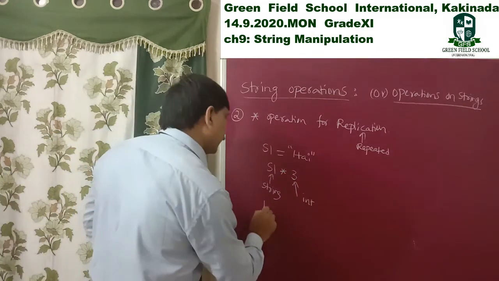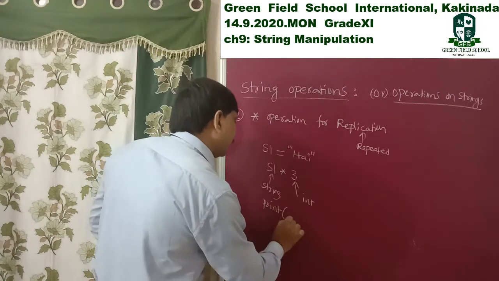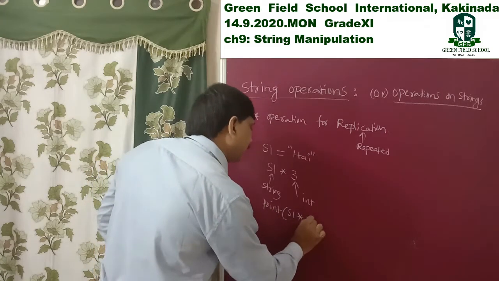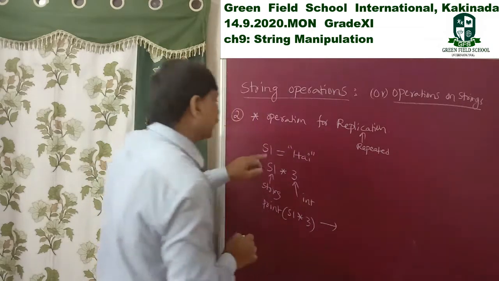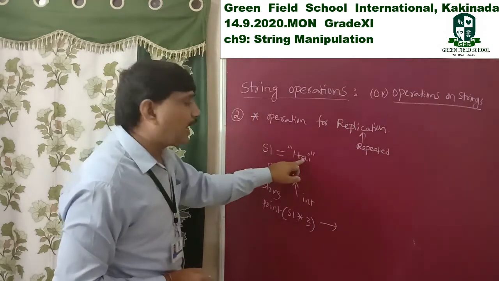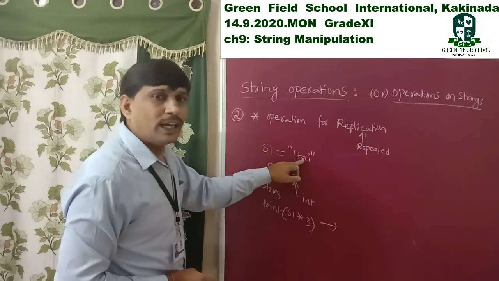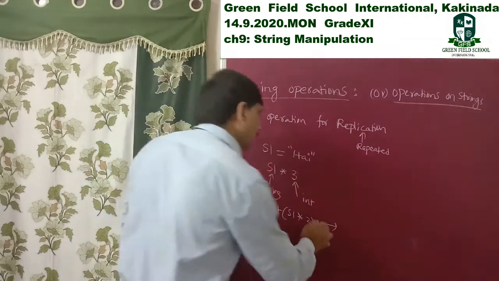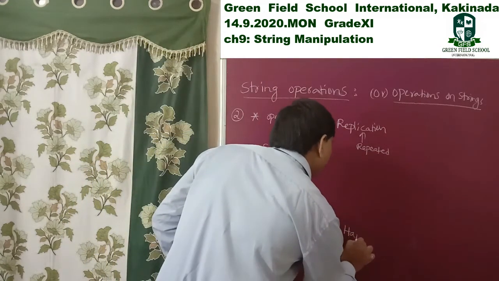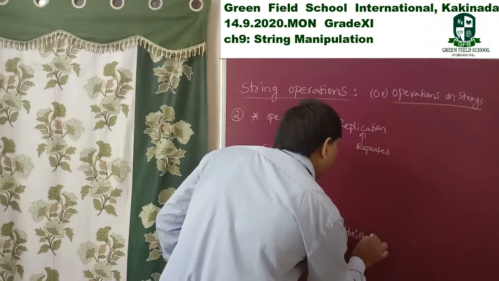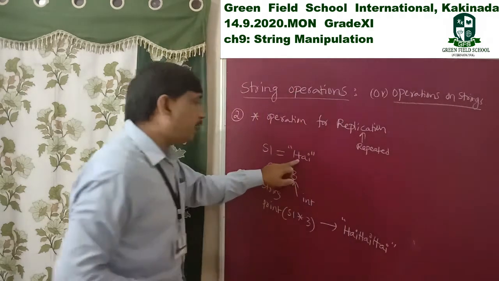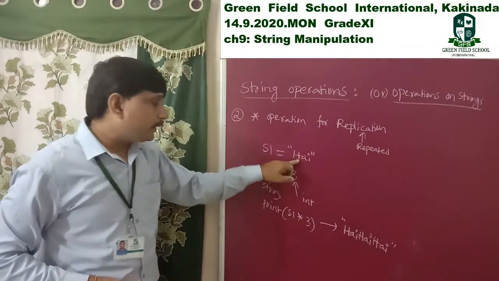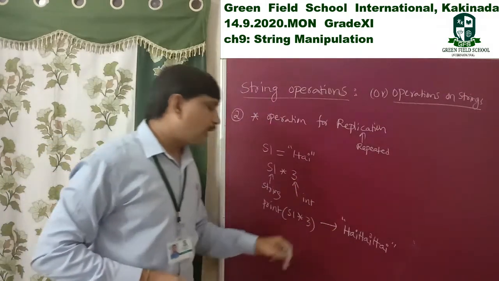So then I print S1 star 3. Which output does it print? S1 consists of hi, so it displays this output: hi hi hi. The same S1 is repeated 3 times and displayed.